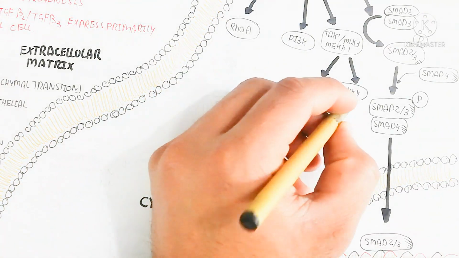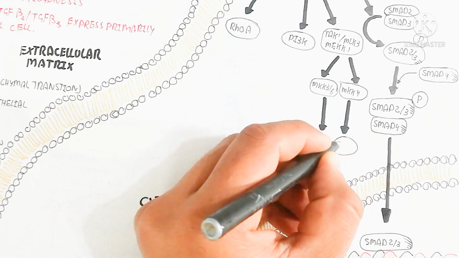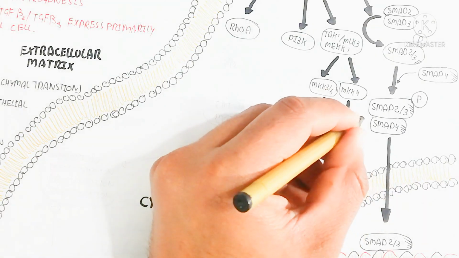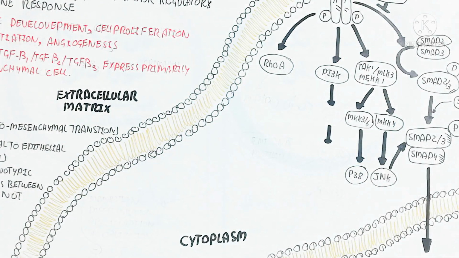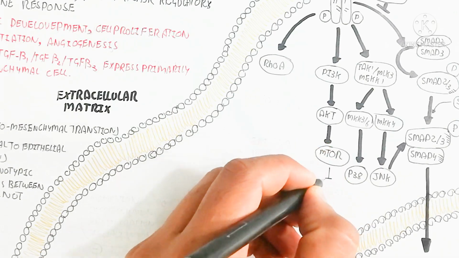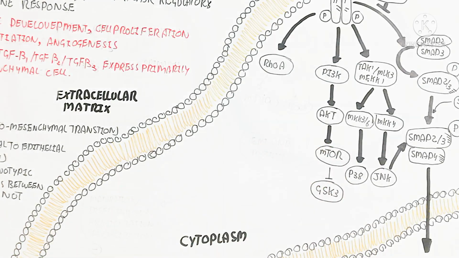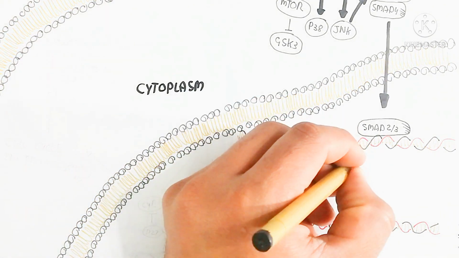This will be activated to activate the further mitogen kinase 3, 6 and mitogen kinase 4, which will be activated further, and p38 and Jun kinase will directly activate the SMAD 2 and 3 complex.